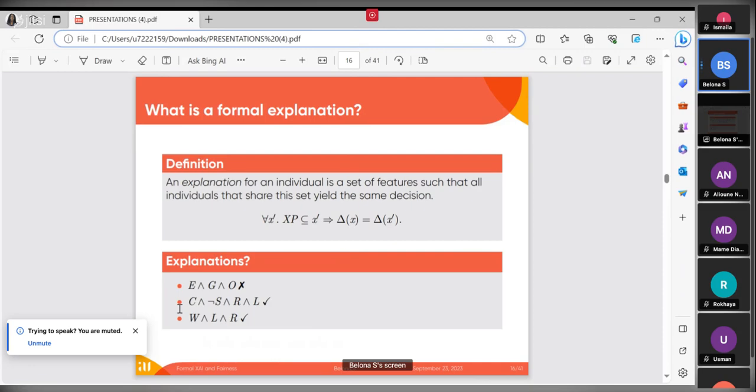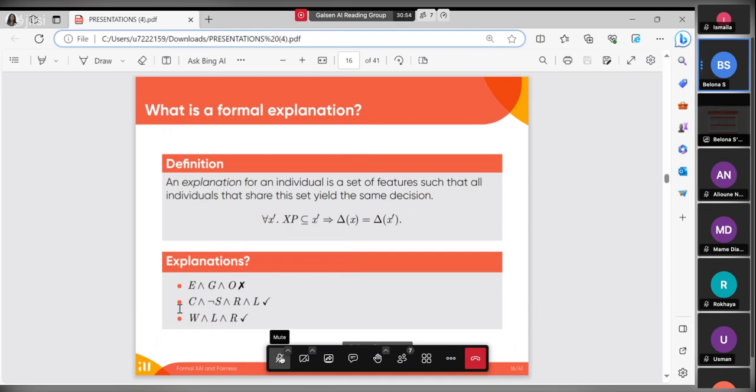In simple words, an explanation will be this subvector that is necessary for the machine learning model to make the final decision concerning that person. I hope it's clear. If it's not clear, you can just stop me and ask your question, because it's really important to have this definition. A formal explanation will be a subvector that is responsible to trigger the final decision of an individual.